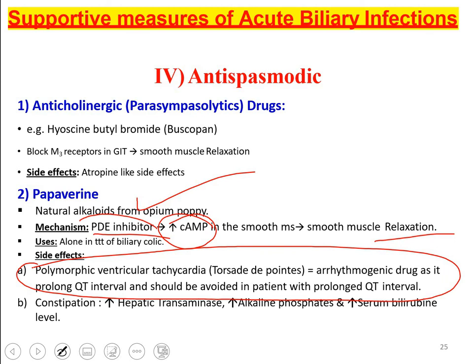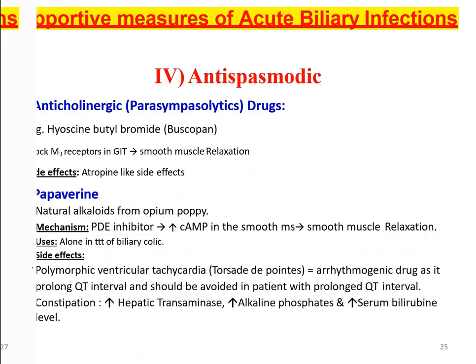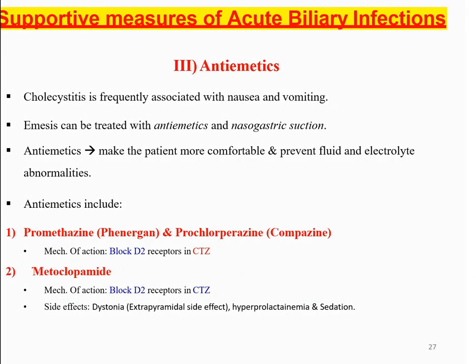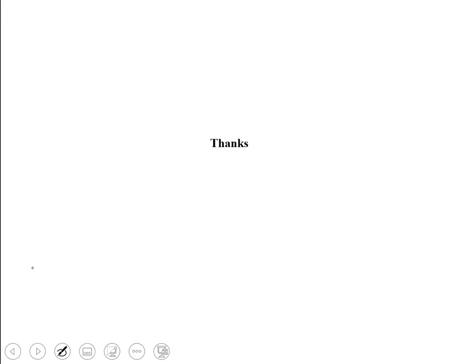You can give antiemetics to control the emesis, like metoclopramide and phenothiazines, and you can give analgesic drugs as well, which can be helpful. All these constitute the drug therapy, and I hope we have covered both objectives. Thank you very much.